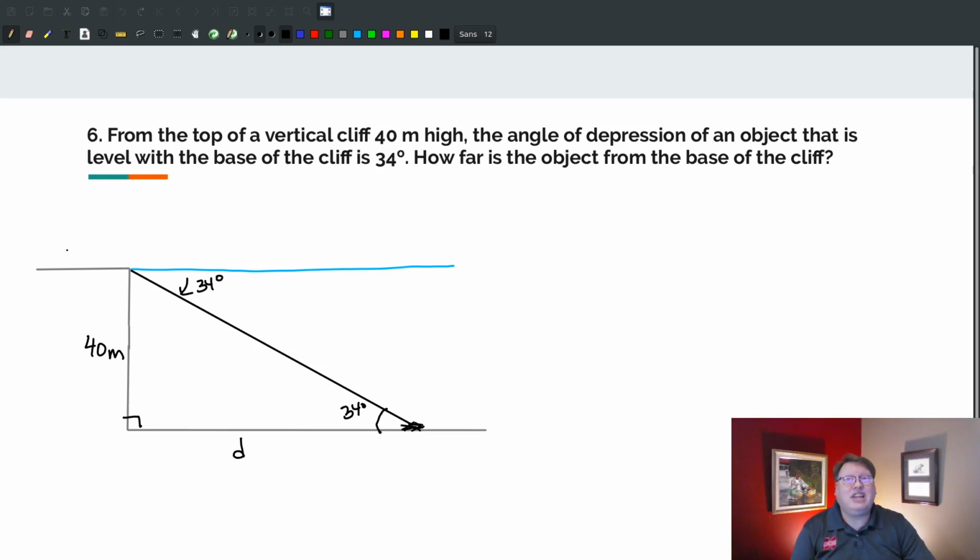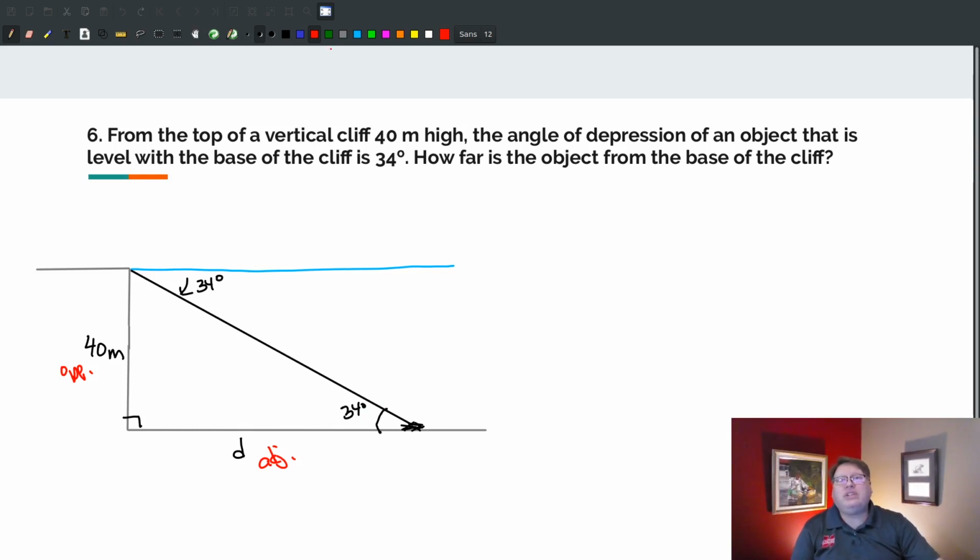That is the same degree measure, 34 degrees. Okay? So now we have our right triangle with an angle measure. And I hope you're seeing that once again, this is the opposite side and this is the adjacent side to that 34 degree angle.